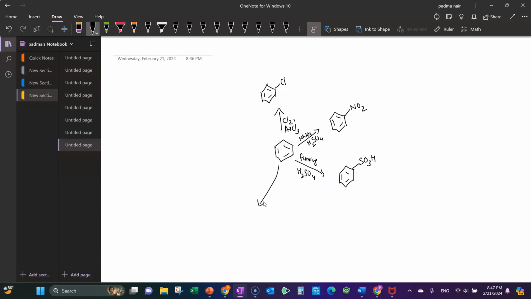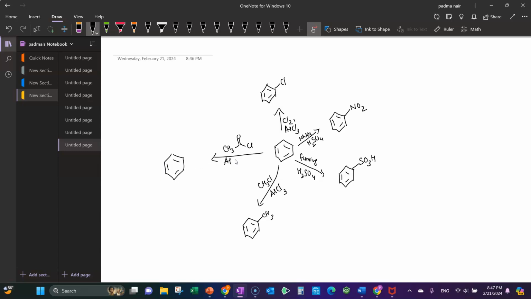If you use alkyl halides like CH3Cl in presence of AlCl3, you can get alkyl groups substituted on benzene. Or if you use acyl halides like CH3COCl, then you can put the acyl group onto benzene.